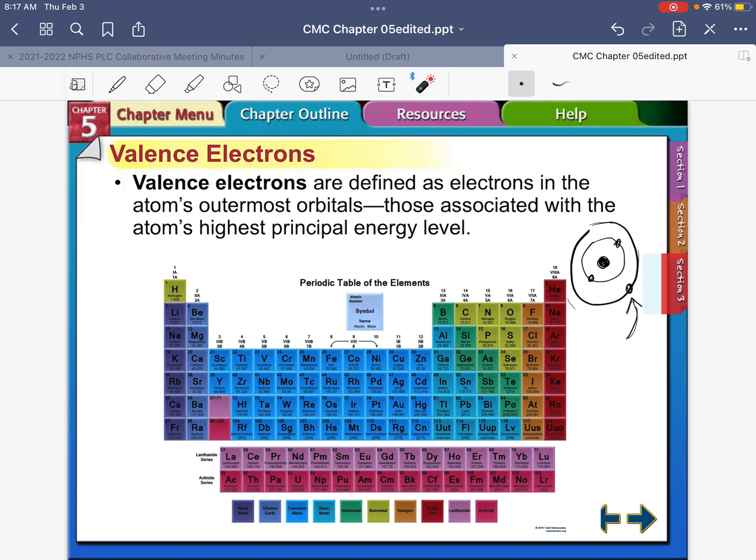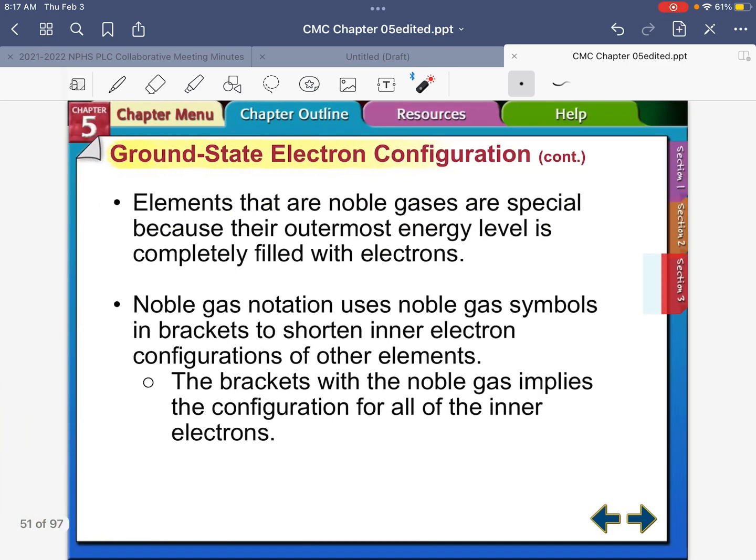So it is incredibly reactive because it just wants to either get rid of this electron or do something so it's more stable and looks more like one of these noble gases here. So again, noble gases are really special because their outermost energy level is completely filled. They don't really react with anything because of this.